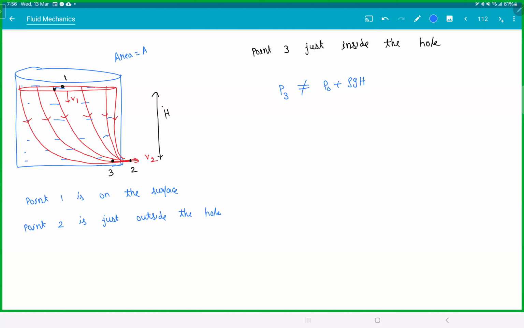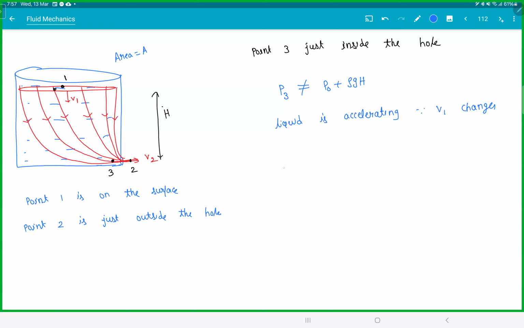Why? The liquid is not at rest. This is the static equation, and here the liquid is moving. The liquid is accelerating, since V1 is changing with time. So you can apply Bernoulli, but I don't know the value of P3.